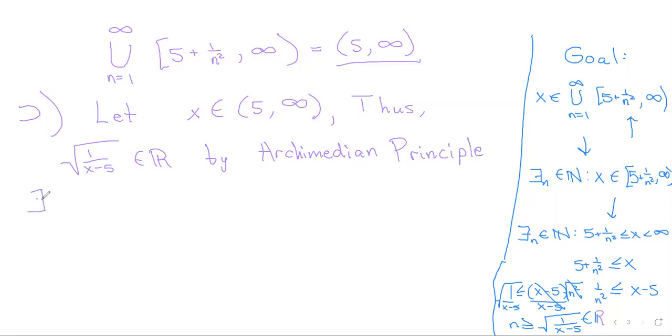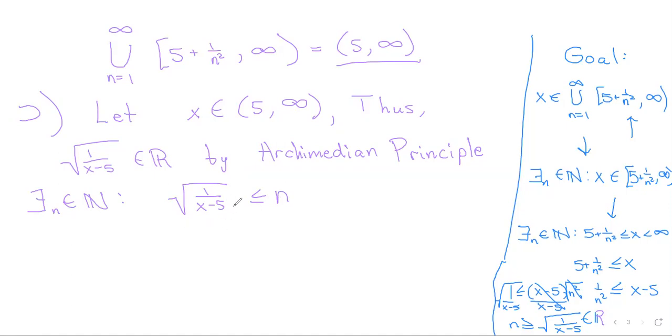There will exist an n in naturals such that this value can be true. And now that we know that, we will work with it to kind of solve for x.